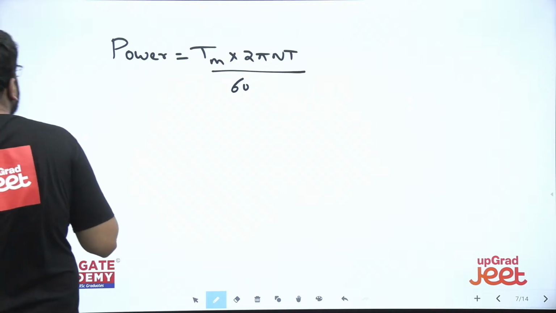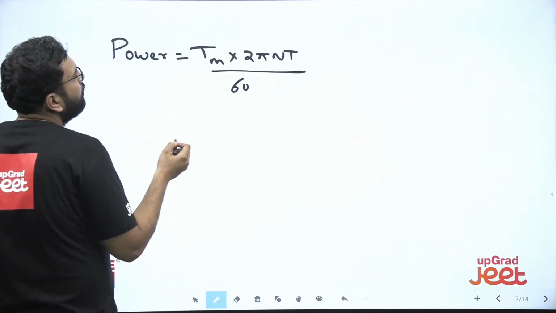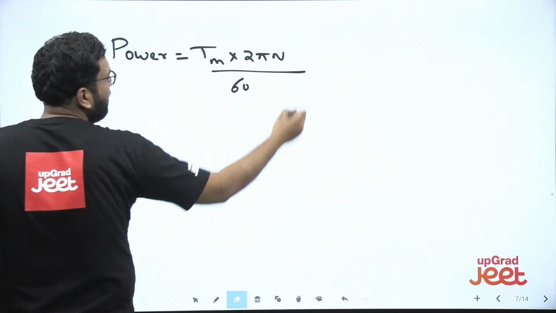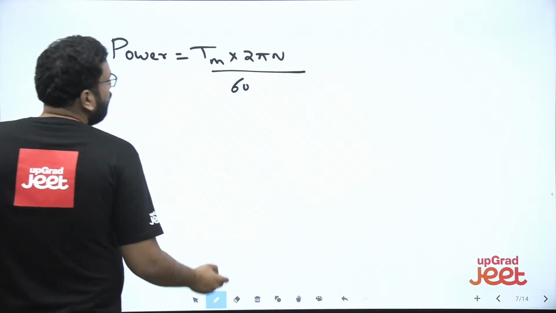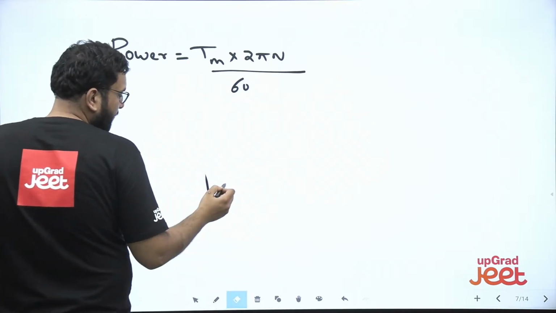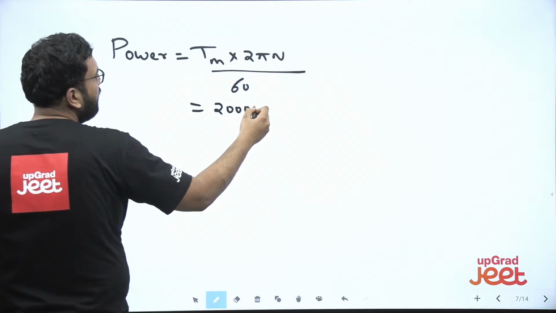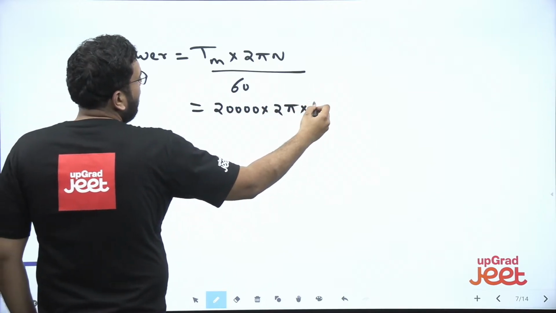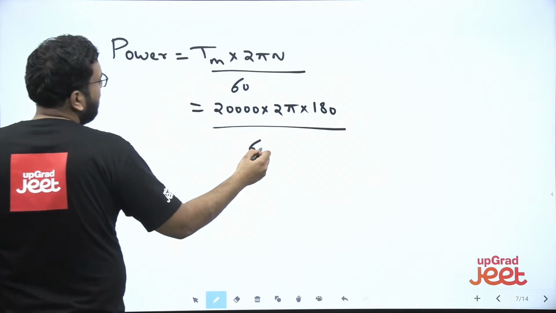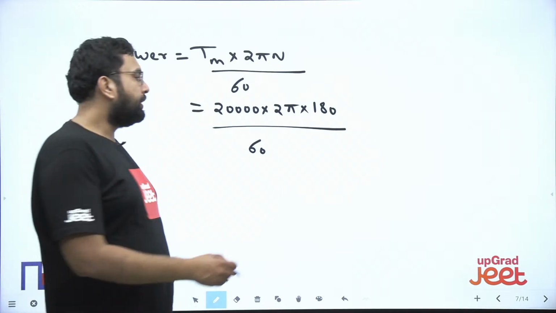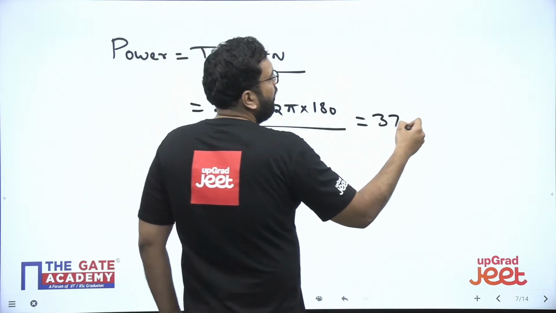So it is 20,000 into 2 pi into 180 by 60. If we do it, we'll be getting somewhere near 377 kilowatt.